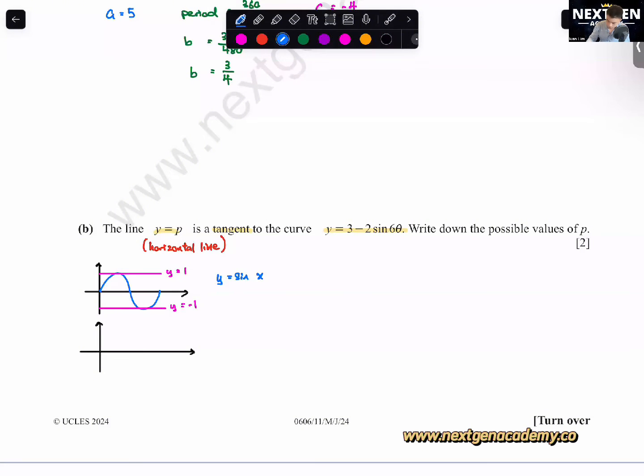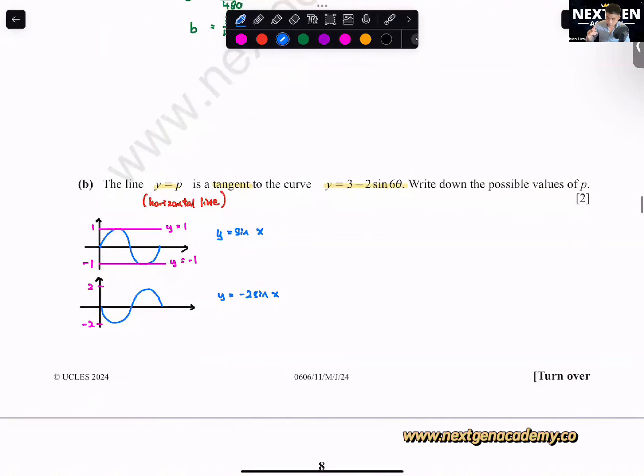So this one originally is 1 and -1. So -2 inverted like that. Okay, so here will become 2 and -2. This is y equals to -2 sine x. Okay, x can be anything. Yeah, find the maximum and minimum. So +3 means you add 3 to the entire graph.